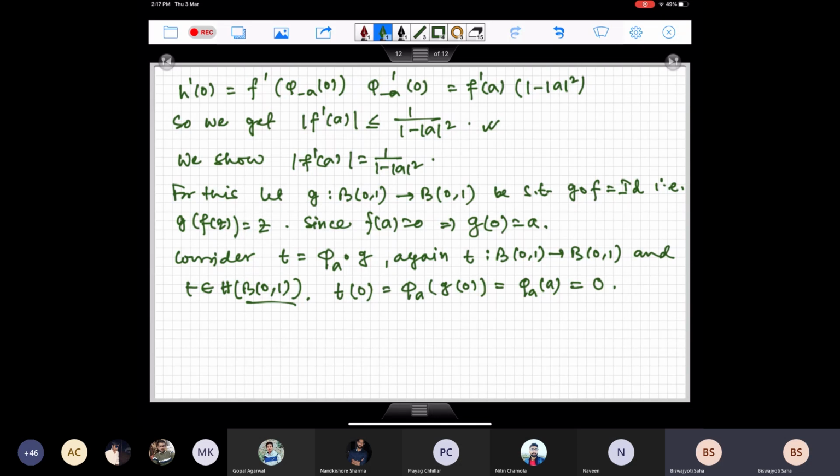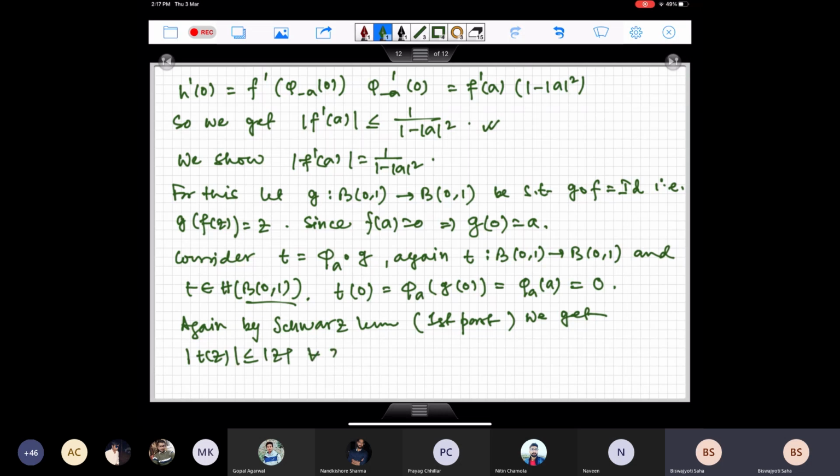Very good. So that means we apply Schwarz lemma, first part, and we get mod of T of z is less than or equal to mod z for all z in B01, and mod of T prime 0 is less than or equal to 1. Okay, so this is what I get.